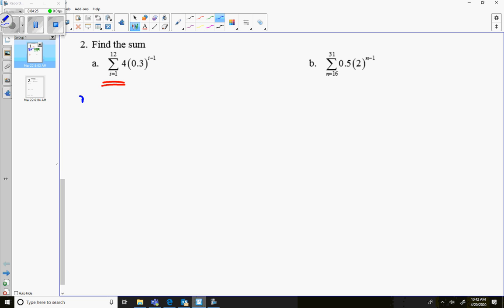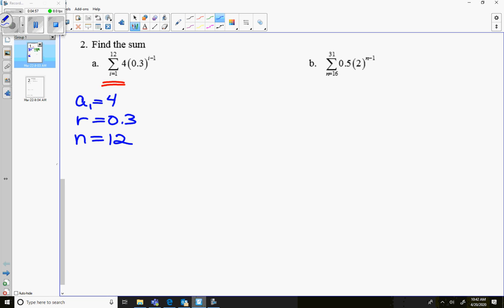So in other words, our first term here is just 4. Common ratio. Well, each one of these is going to be getting multiplied by another factor of 0.3 as i counts up. So r is 0.3. And we're counting from 1 to 12. So that means n is 12.